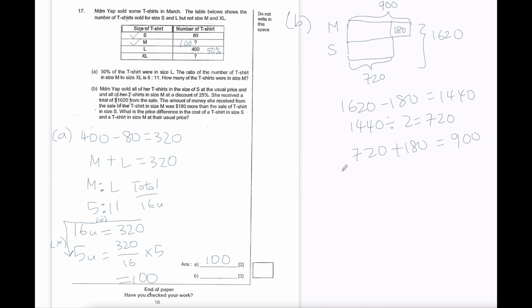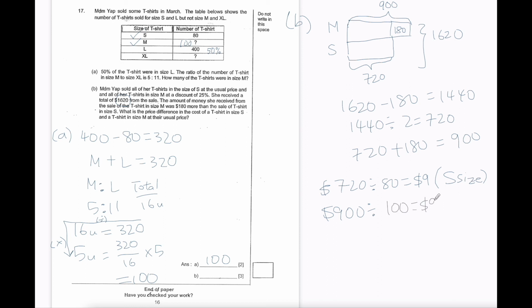Okay, so let's find out how much each S size t-shirt costs. How many S size t-shirts did she sell? 80, correct? So we just need to take $720 and divide by 80. We're going to get $9. And this is for S size. Got it? And then for M size, it's $900 divided by 100 because I sold 100 M size.